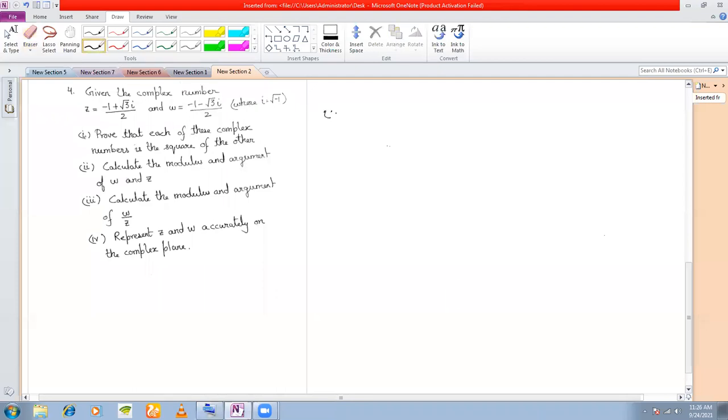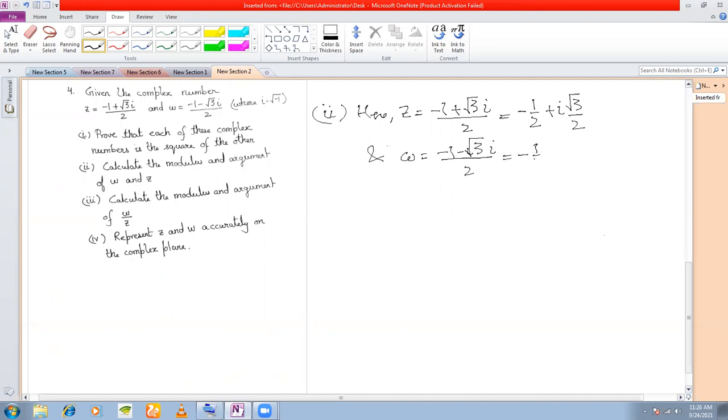Number 2, calculate the modulus and argument of omega and z. So here, z is equal to minus 1 plus root 3i by 2. You can write this as minus half plus i root 3 by 2. And omega here is minus 1 minus root 3i by 2.